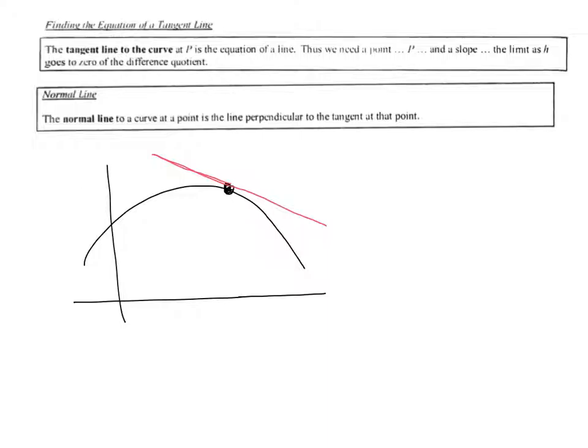And if we knew the coordinates of this point, let's just call them x sub 1, comma y sub 1, and we knew the slope of the tangent line, we figured out that that was m. Okay, the slope is m. So we have a formula from Algebra 1, which is y minus y sub 1 equals m times x minus x sub 1.